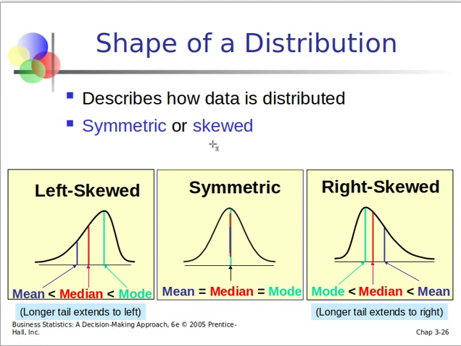Symmetric means both sides have the same shape, left or right, equal, like a mirror image. It looks nicer, equal. And skewed is like this.